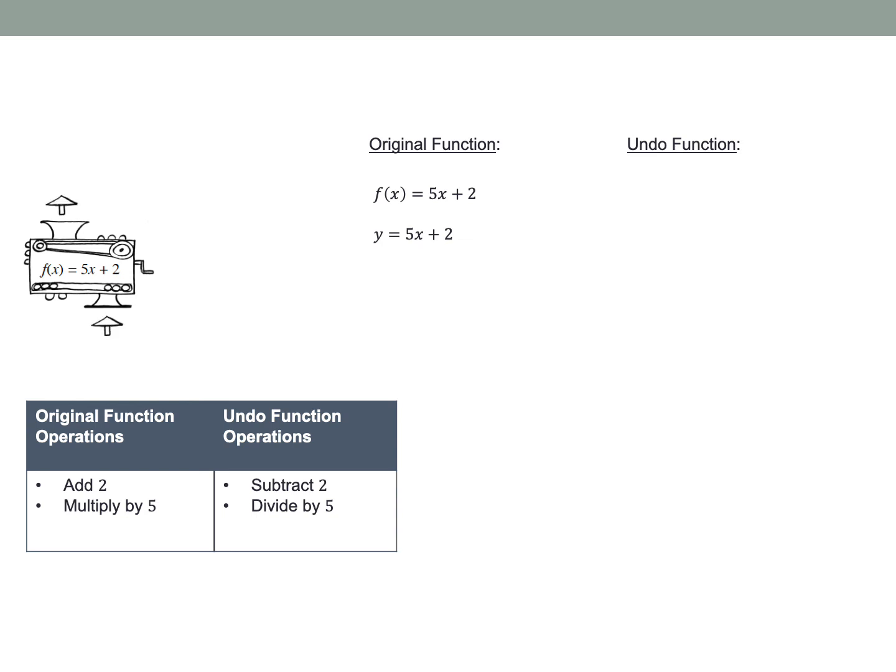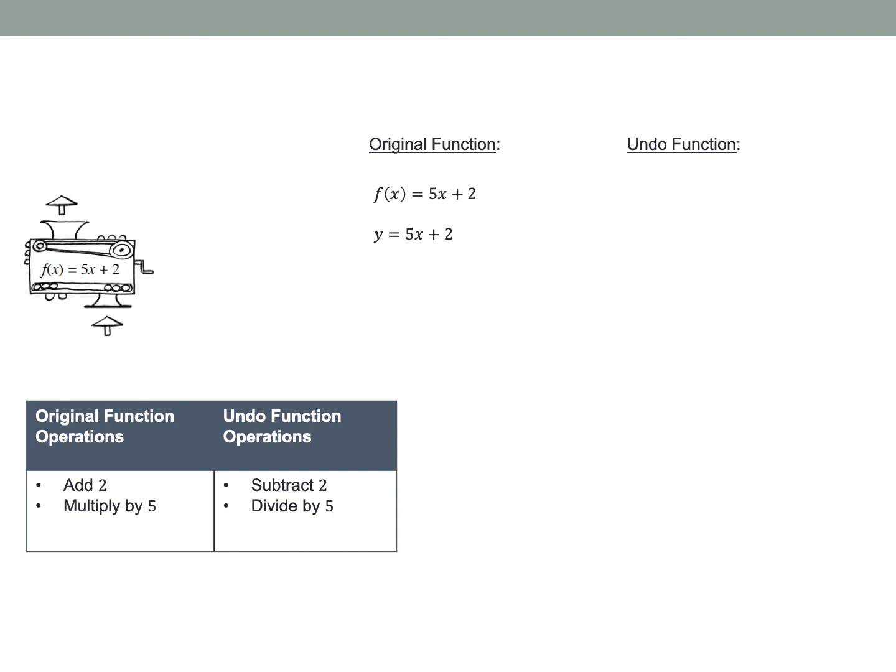Now, from the last example, we know that all the x values of the original function become the y values of the inverse function, and all the y values of the original function become the x values of the undo function. So the original function had the point (3, 17).